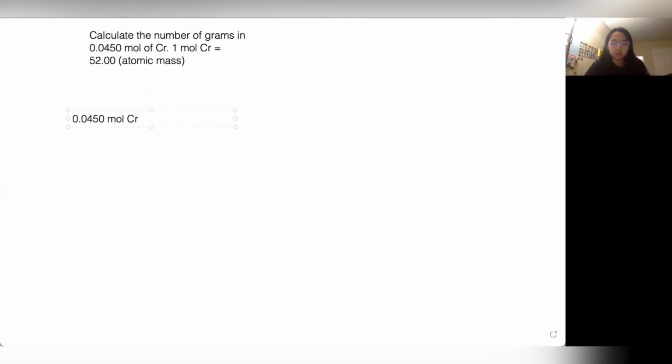And then I'm going to just put a little multiplication sign. And on the top here, we have the atomic mass of chromium, which you do have in your periodic table, which is 52.00 grams of chromium. Then we're going to, of course, put the line for the division.